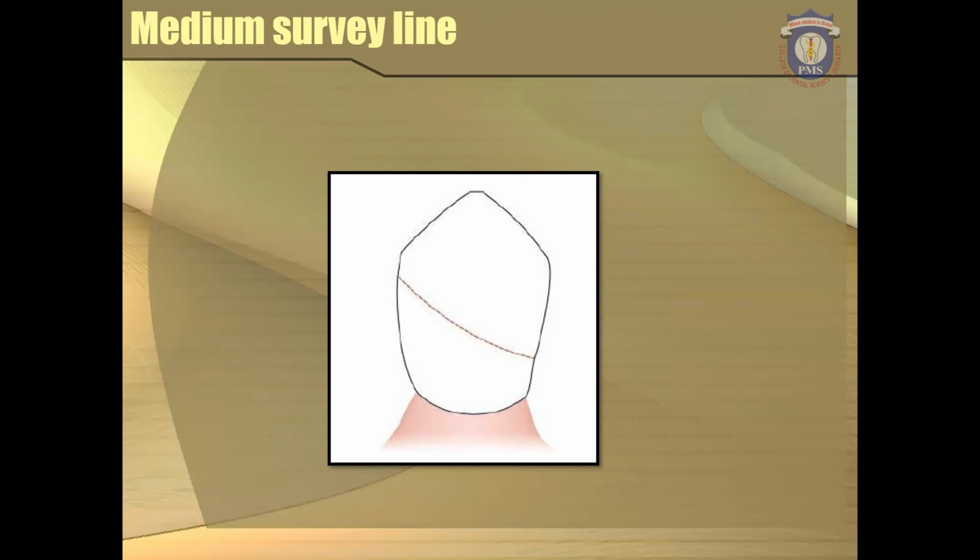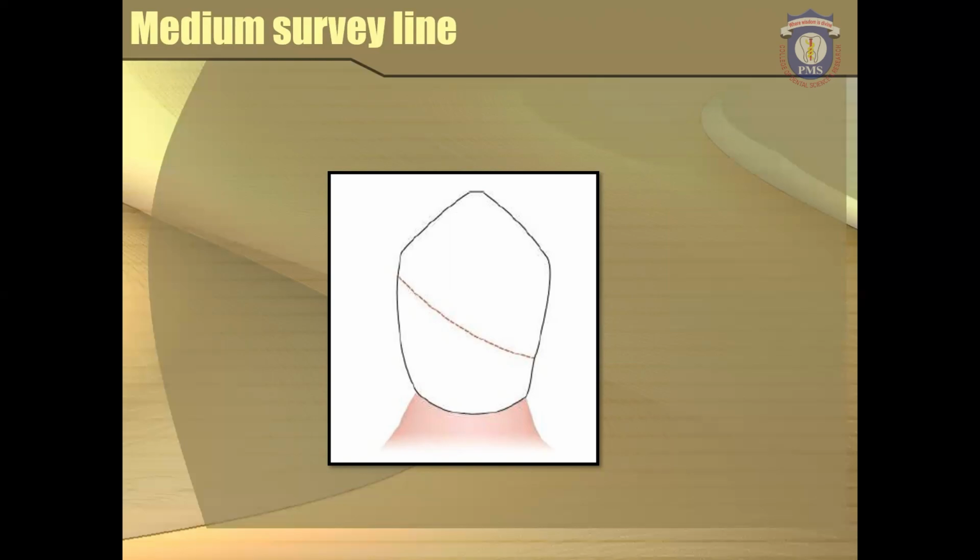So if at all it is not favorable, you got a high survey line or you get a medium survey line, but it will not aid in retention of your prosthesis. So what you do, you can tilt the cast into a certain degree and find out whether the survey line position have changed in order to give an ideal clasp.